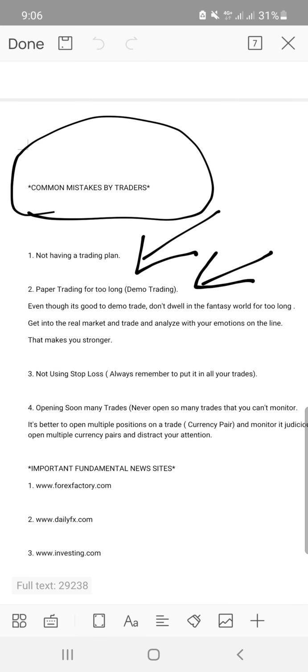Another mistake is not using a stop loss. Some people believe that because they are experts, the market cannot go against them. This is a market where billions of dollars are traded every day. It is not advisable to trade without a stop loss. There are some days that no matter how good or accurate your analysis is, something will just happen. The market will go against you.